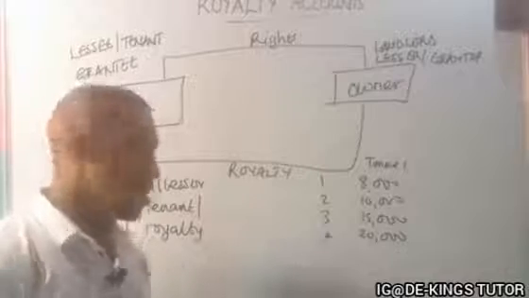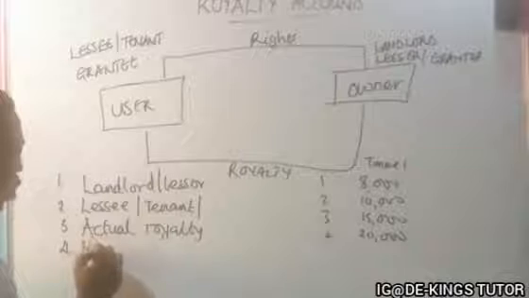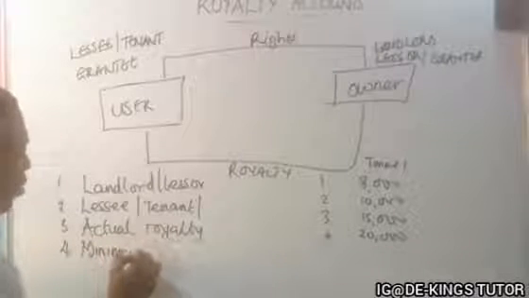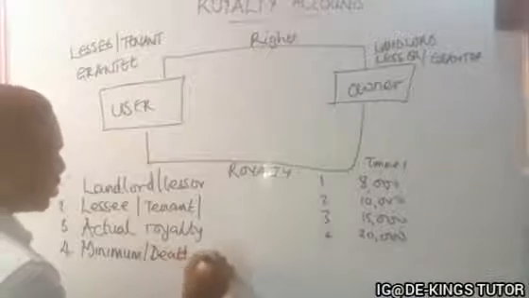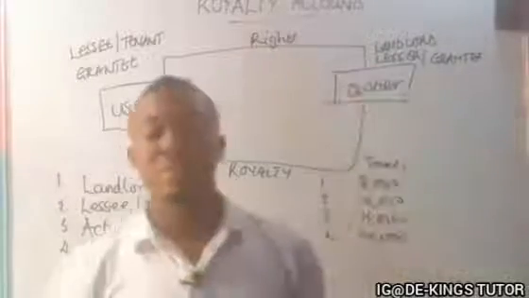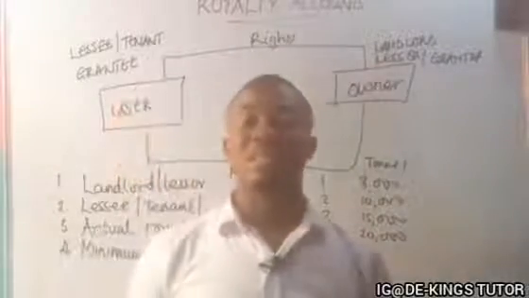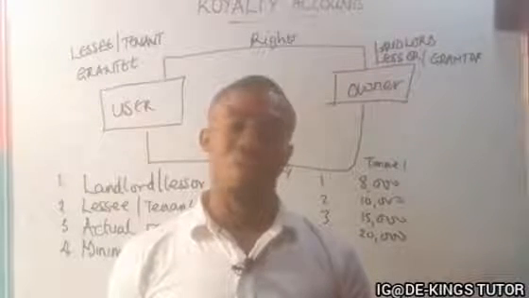Okay. Now, the fourth one is what we call minimum rent or dead rent. Now, what is the minimum rent? The minimum rent is the minimum amount of money that is payable to the landlord.